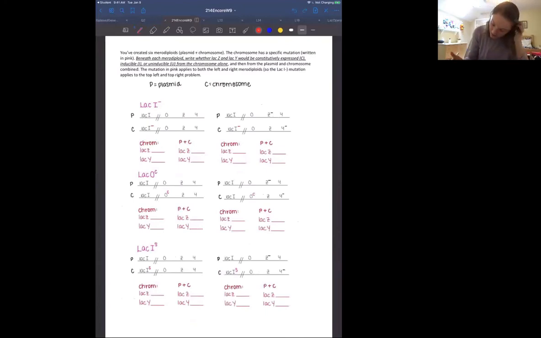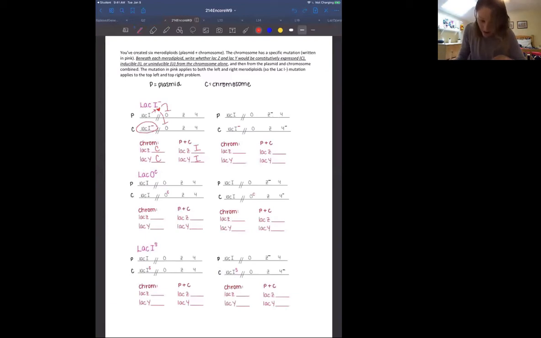So for this first one, if you had a LAC-I deletion just from the chromosome, you would get constitutive expression of Z and Y. But if you have a wild type plasmid added, that LAC-I, and I'm going to draw LAC-I as a heart, will be translated, and then it'll be able to go and bind both these operators. So we'll get inducible transcription of Z and Y.